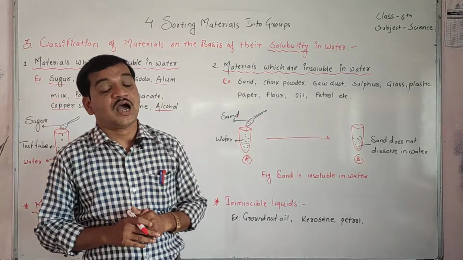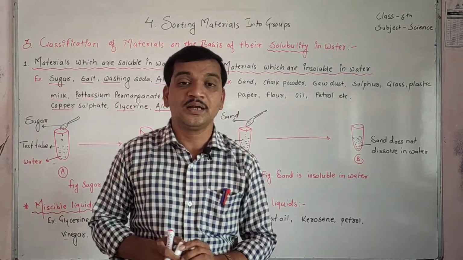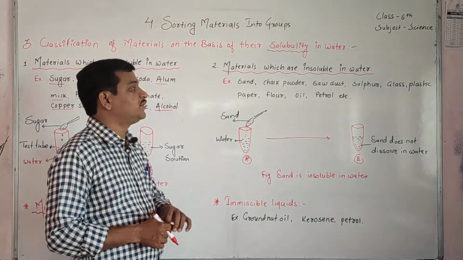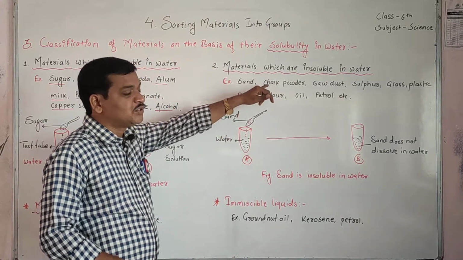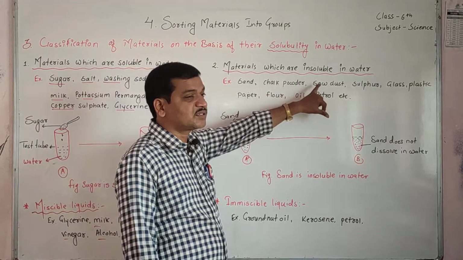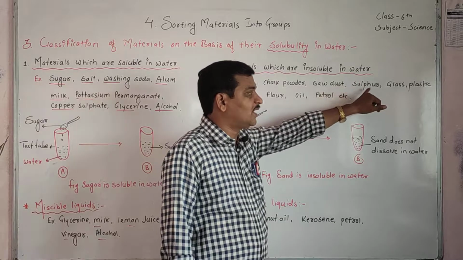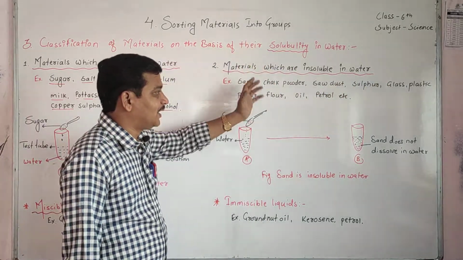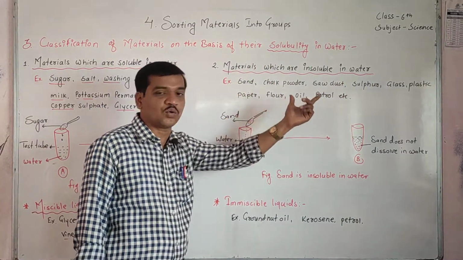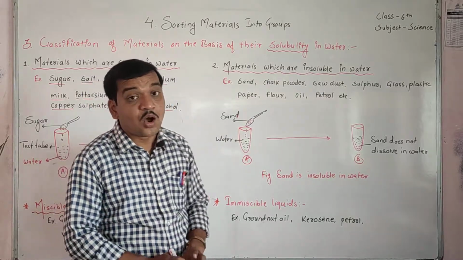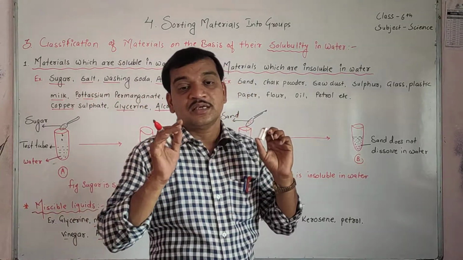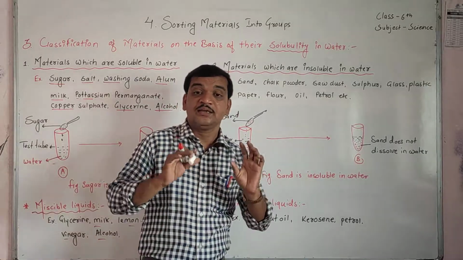Such materials are called insoluble materials. For example, sand, chalk powder, sawdust, which means wood powder, sulfur, glass, plastic, paper, flour, oil, petrol. All these materials are insoluble in water.